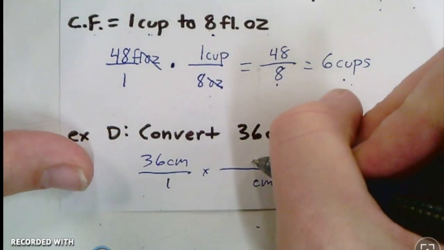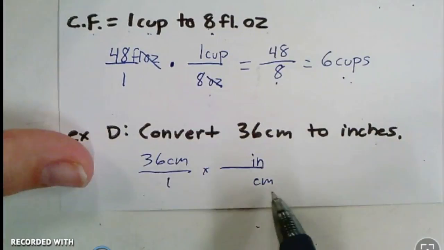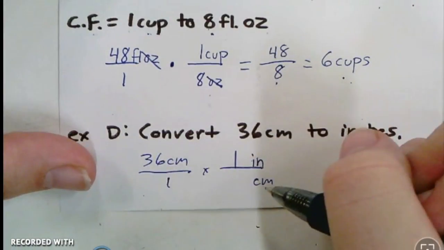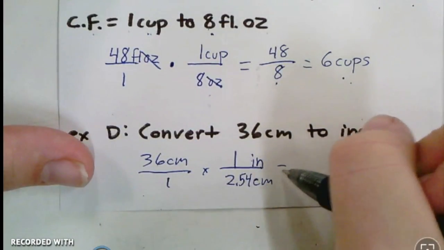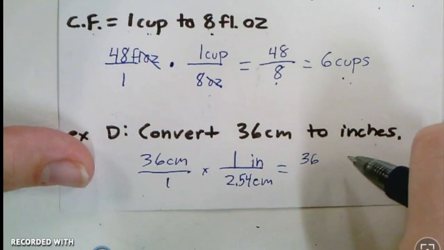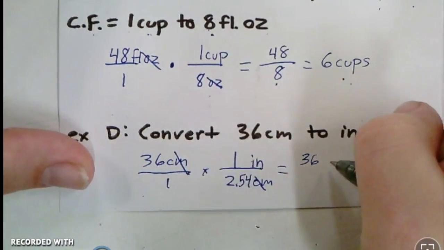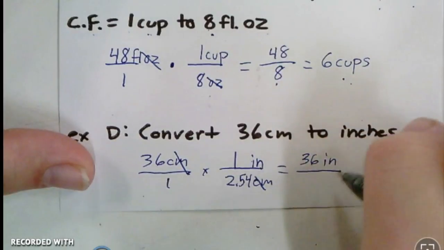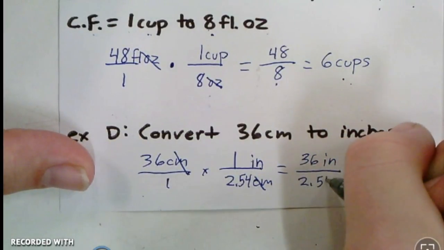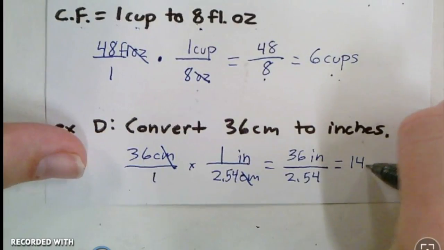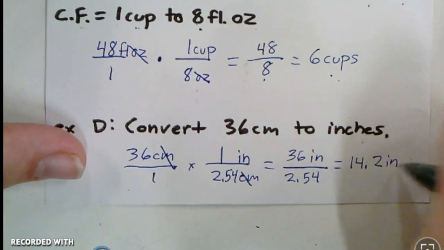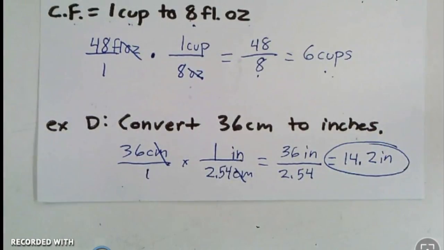I'm going to want centimeters on the bottom and inches on the top, so my centimeters are crossed out. So when they come across, I get 36 inches over 2.54. And then when I divide that, I get about 14.2 inches.